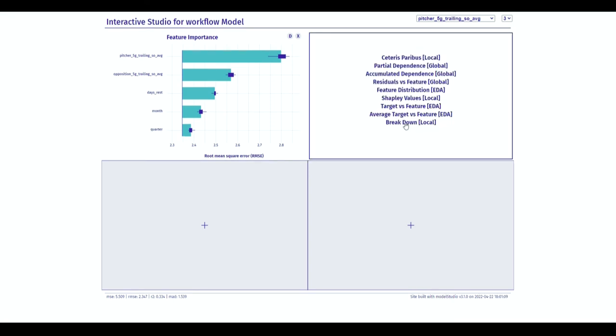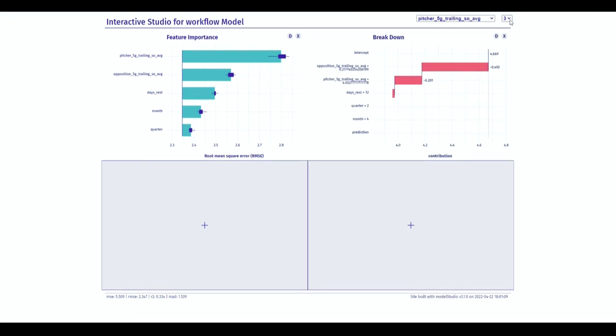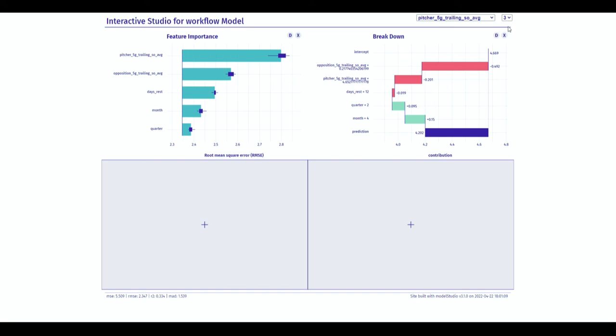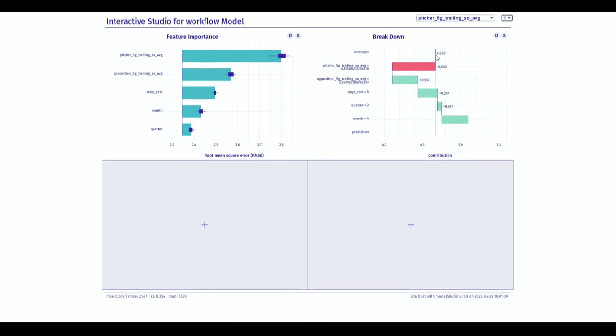First, let's look at how these tie into a breakdown of a given pitcher's predicted strikeouts for an upcoming game. We had 6 holdout pitchers that we want to predict how they're going to do. Let's pick number 1. This model is saying that the intercept, or the average, is 4.669 strikeouts per game, and that this pitcher's average is 4.1.